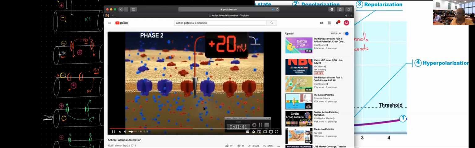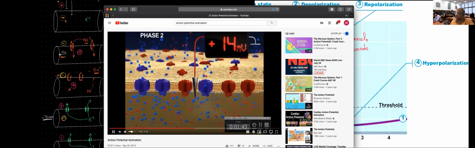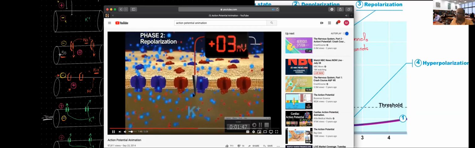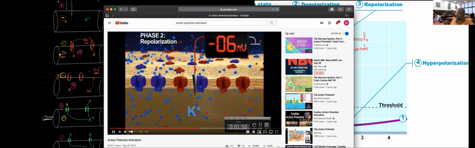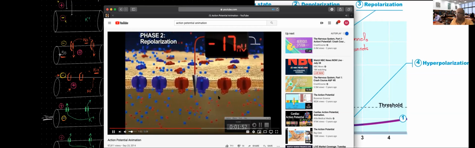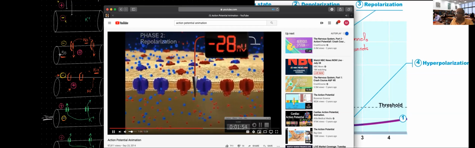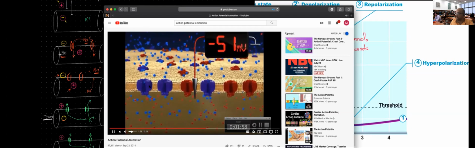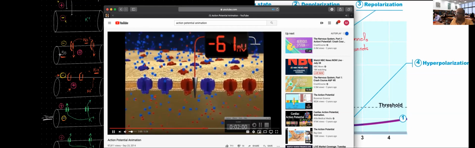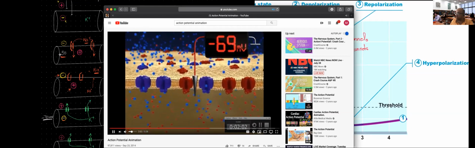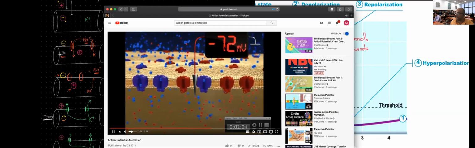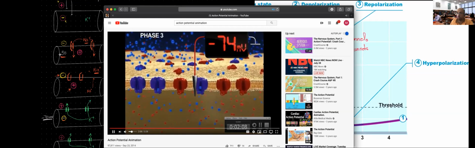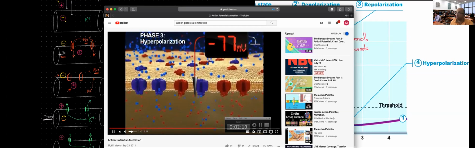And the potassium is going to be leaving the cell, bringing the inside of the cell membrane to return back to its negative state. But as I keep the potassium channels leaking potassium to the outside, even beyond the resting membrane potential, I will reach an even more negative state, which is what we call the hyperpolarization.